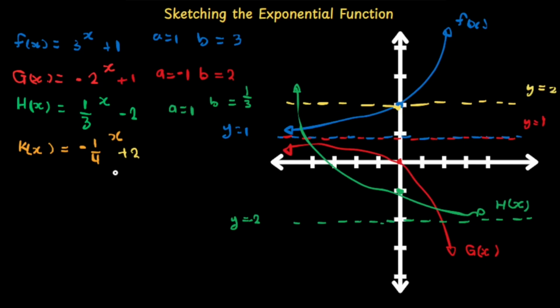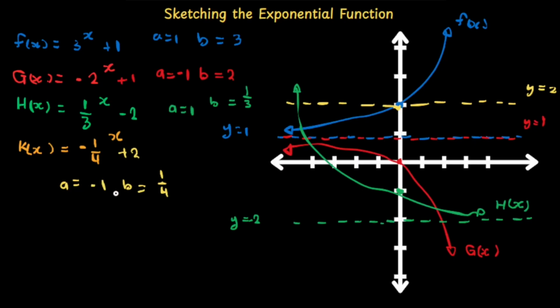My next step would be to identify this function shape. Looking at the a value, that would be negative 1 because of the negative sign associated with 1 over 4. And looking at the b value, it should be 1 over 4 or a quarter. And a is negative 1, which means that this function would be situated beneath its horizontal asymptote.